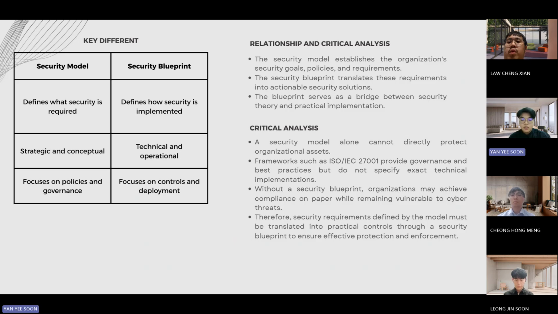Therefore, security requirements defined by the model must be translated into practical controls through the security blueprint to ensure effective protection and enforcement. In the end, the security model defines what security is required, while the security blueprint defines how security is implemented. Both are essential for achieving effective security.